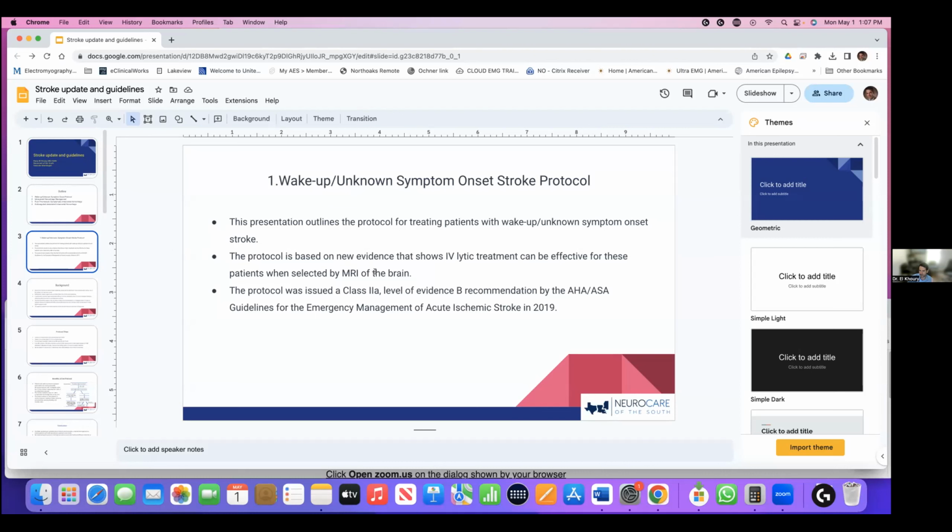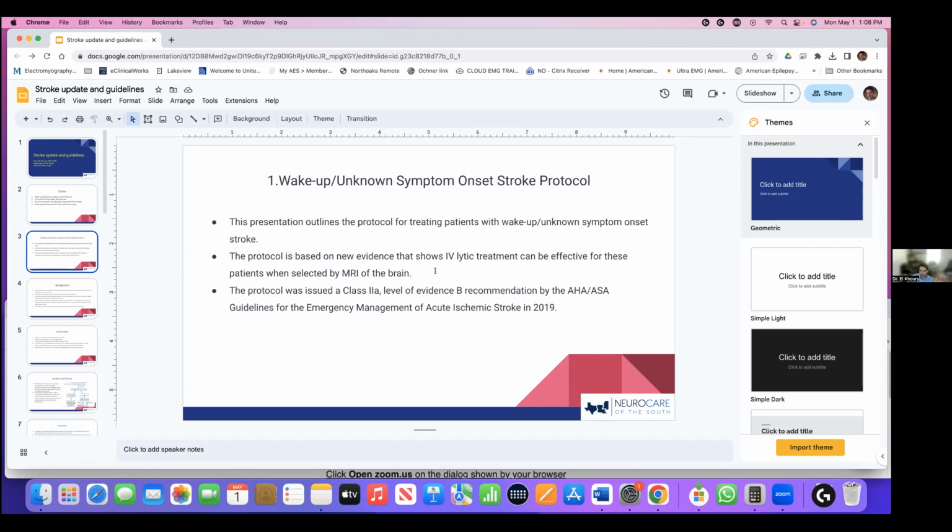So if the patient went to sleep at 10 p.m. and he was last seen normal at 10 p.m. the night before, then the last seen normal is 10 p.m. the night before. So if he woke up, let's say at 7 a.m. with the symptoms and he arrives at the hospital at 9 a.m., the last seen normal is considered 10 p.m. from the night before.